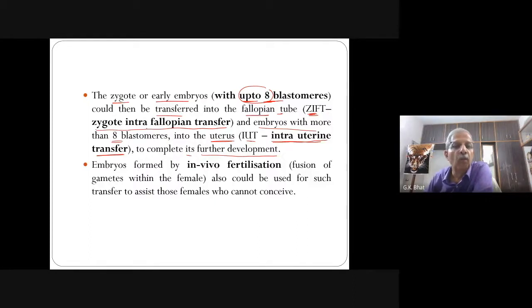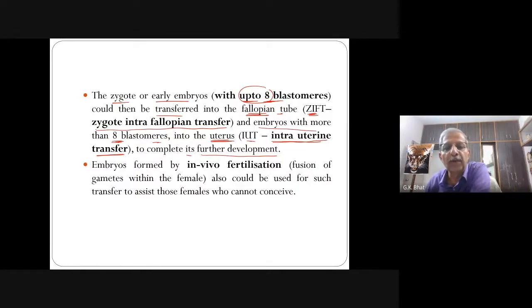With more than 8 blastomeres, it is intrauterine transfer, into the uterus. Up to 8 blastomeres into the fallopian tube. Please know the difference.